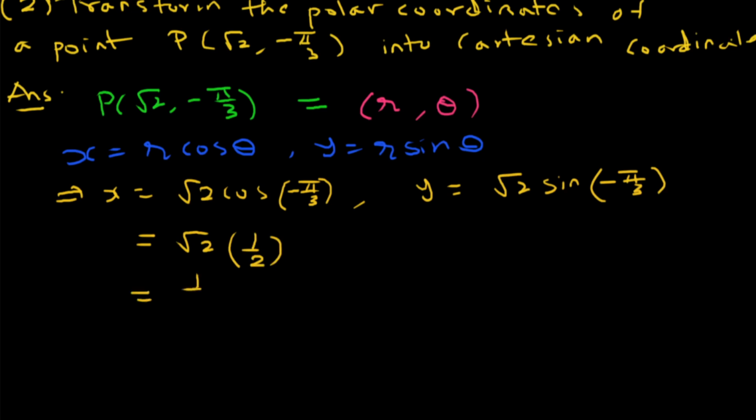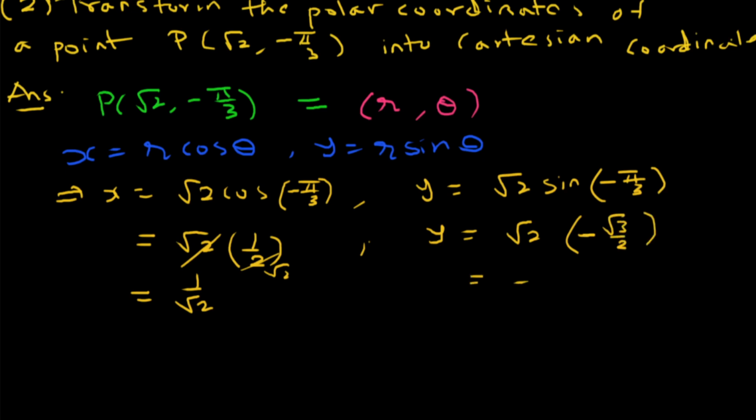So x is 1 upon root 2 times root 2, cancelling, gives x equal to 1 upon root 2. Similarly, y is root 2 times sine minus pi by 3, which is minus sine pi by 3, that is minus root 3 by 2.